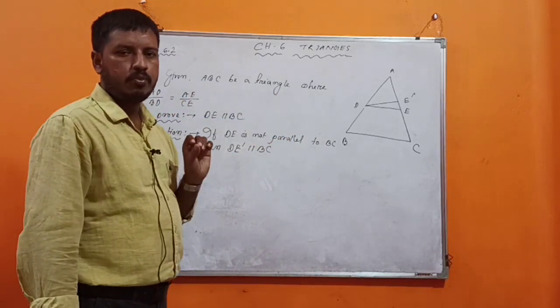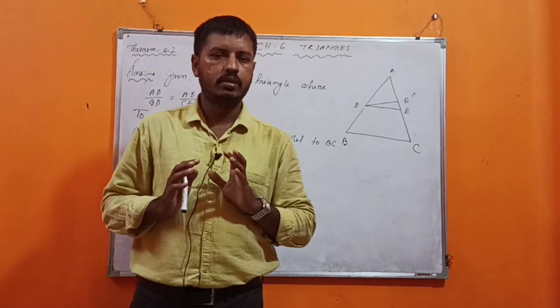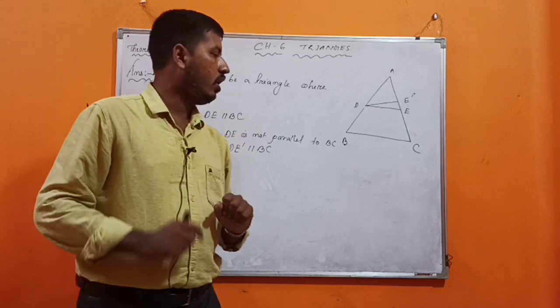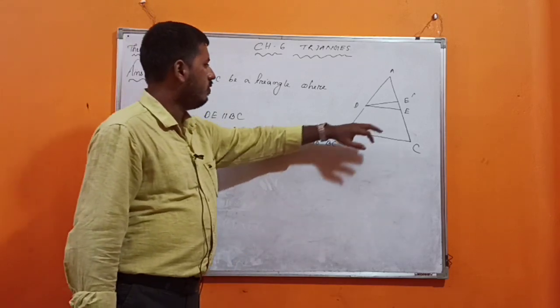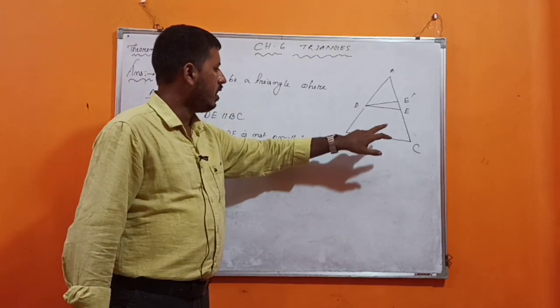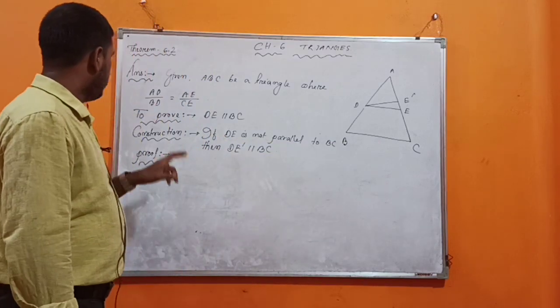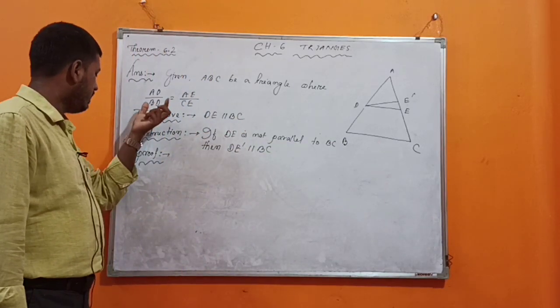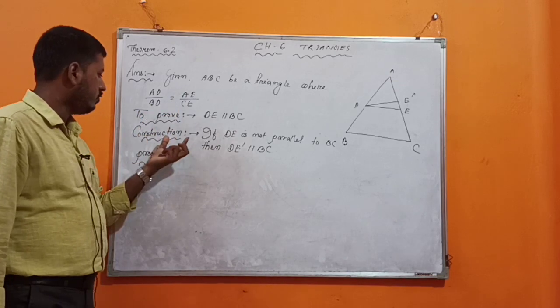In the answer portion first we have to write the things given in the theorem. So I have written to prove. What we have to prove? We have to prove this line, that is DE is parallel to BC.